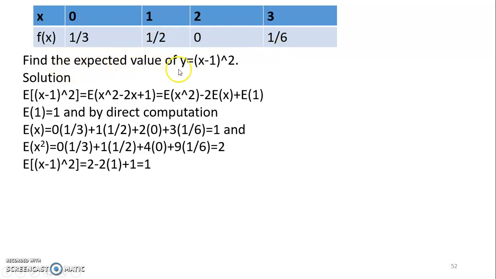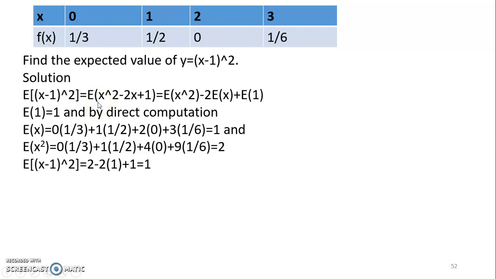Find the expected value of y equals (x minus 1) raised to power 2. In order to find the expected value of this, we need first to expand (x minus 1) squared. So this is equal to x squared minus 2x plus 1.